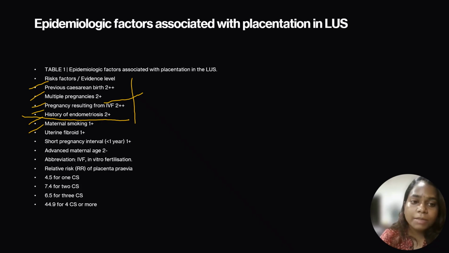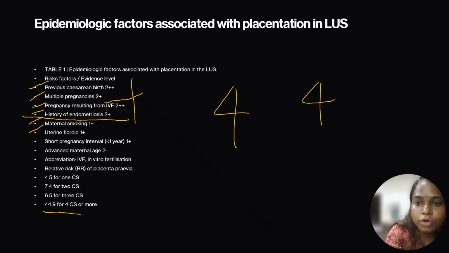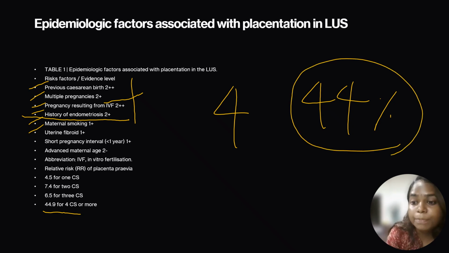So what is the relative risk of placenta previa? If there is a history of one cesarean section, then the risk of placenta previa is 4.5. Two cesarean sections, that is 7.4. Three cesarean sections, then 6.5. Four cesarean sections, it is 40%. So remember this, 4 for 4. If there are four cesarean sections, there is a 44% chance that in this pregnancy she might have placenta previa.